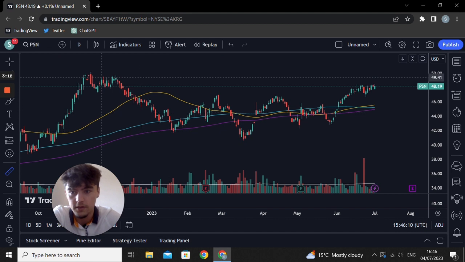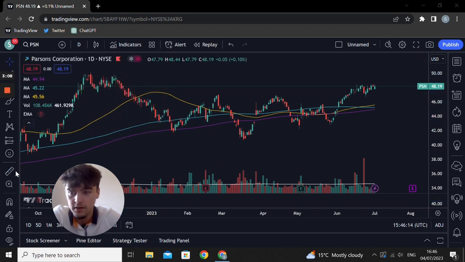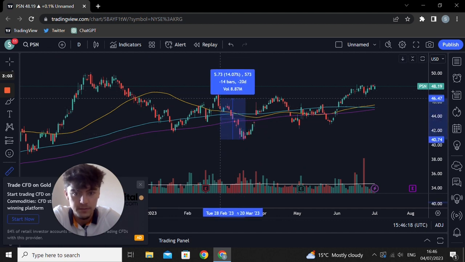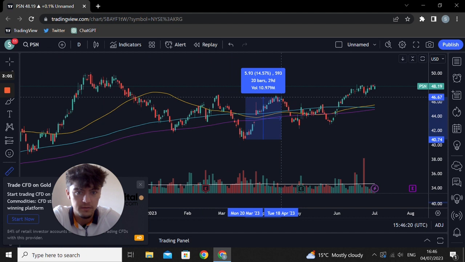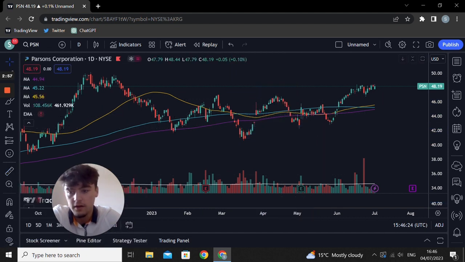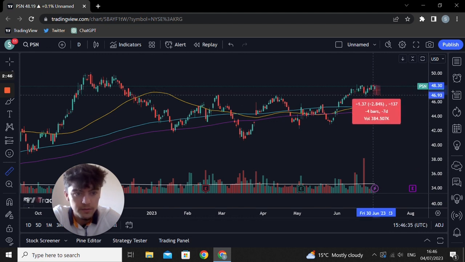Yeah, so like here we have down, it goes 16%, and then we have up 16, down 16, up 14, and then if we look at recent movements, it's been maybe like 1.5, maybe 2% movements each day.